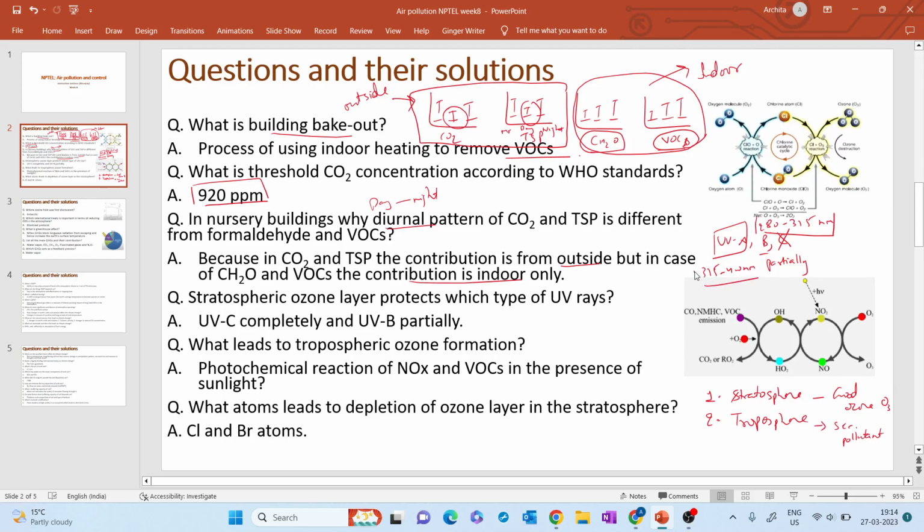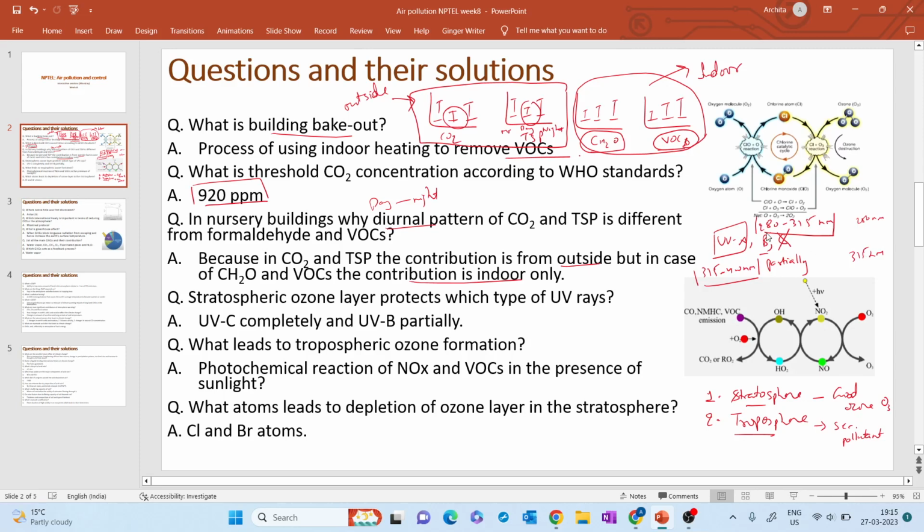Now, why this is important is because when you see the reaction of formation of ozone in the troposphere and in the stratosphere, these wavelengths are important. Generally the reaction takes place around 315 or 320 nanometer, and the breakdown of ozone takes place around 280 nanometer, I think.